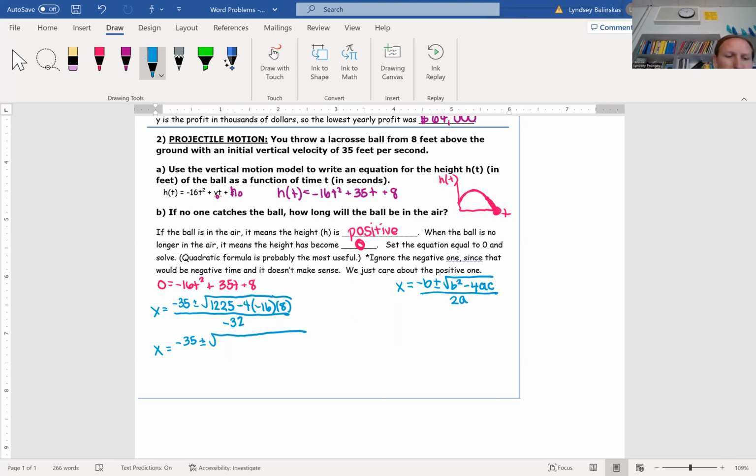I'm going to use a better calculator and not just my iPhone one, and just do 1225 minus 4 times negative 16 times 8. That should give us 1737 there. My square root symbol is a little bit too large now, but it doesn't want to erase, so oh well. And that is going to be over negative 32.